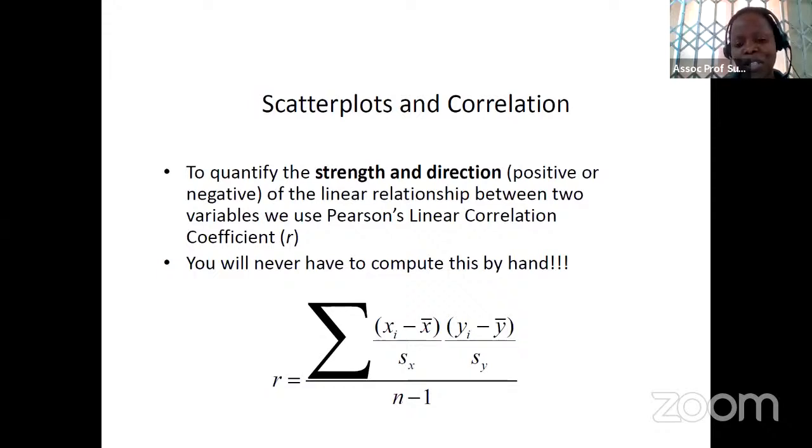In case you just want to check whether the correlation produced is correct, then you can use that formula. As a definition, Sx is the sum of squares for the x data, which represents the explanatory variable, and Sy is the sum of squares for the response.